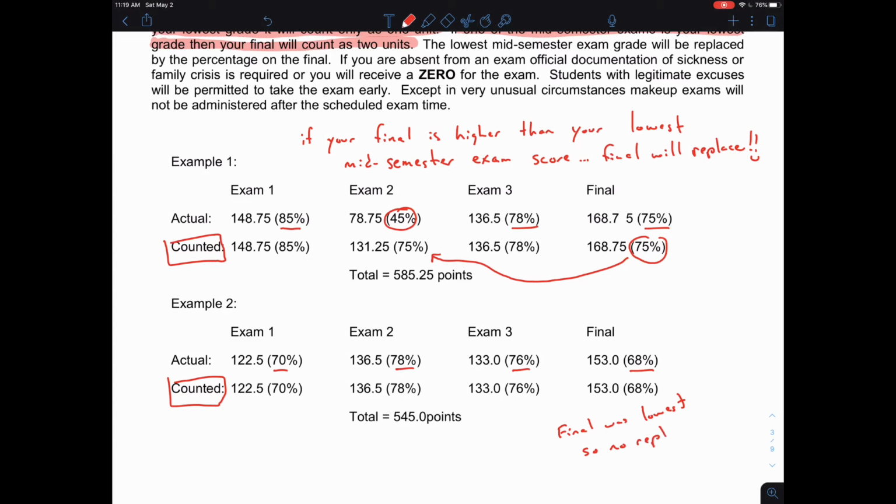So we have no replacement. Well, here the final is higher than exam 2, and so now we can replace. So that's what I throw in terms of the gradebook, but there's 750 points dedicated to exams, dedicated to the lecture.